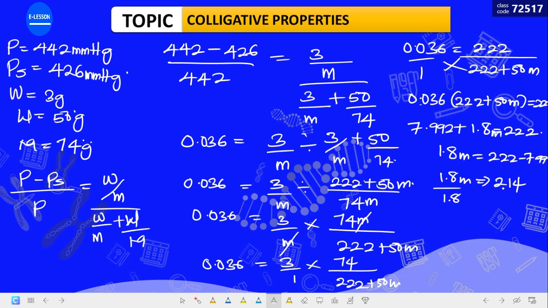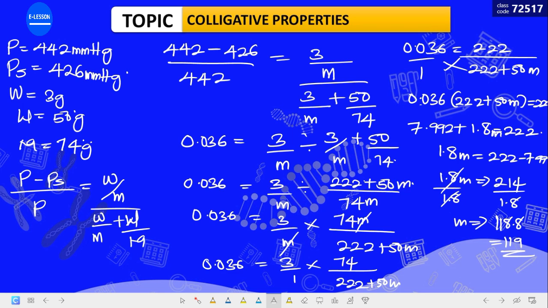So M is 214 divided by 1.8. It'll give us 118.8, which is 119.